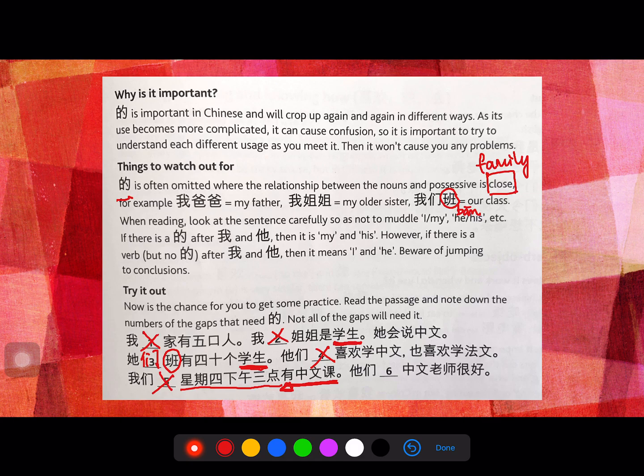It's not my, it's just we, 我们。Then 他们中文老师很好，中文老师 Chinese teacher. So they want to say their Chinese teacher is very nice. So their teacher, normally we will need the 的. 他们的中文老师很好。Okay, so you can say 我的老师 my teacher, 他们的老师 their teacher.